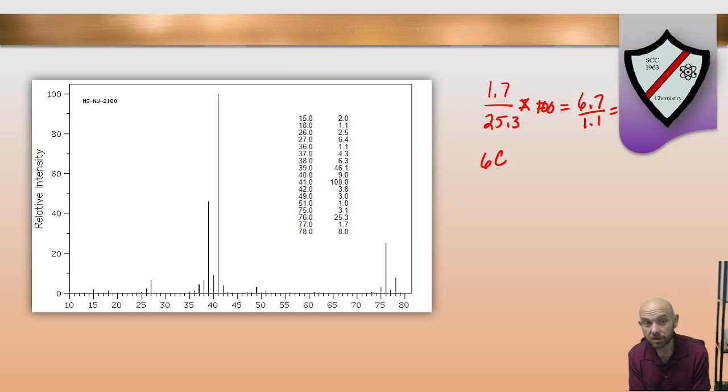We definitely don't have any mass left over to put a chlorine on there. So that's just to say that part of that 1.7% abundance of the molecular ion peak just comes from having a chlorine that's one mass unit bigger, not from having a carbon that's one bigger. So those percentages get messed up, and you can't really rely on that technique anymore once the halogen pattern arises.